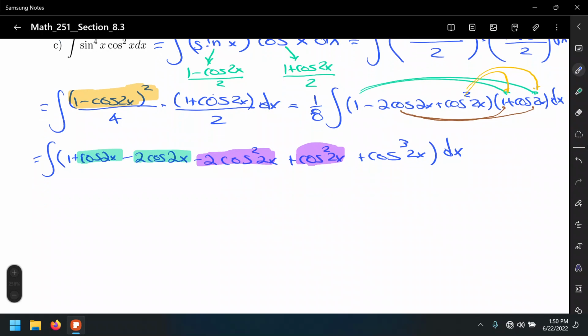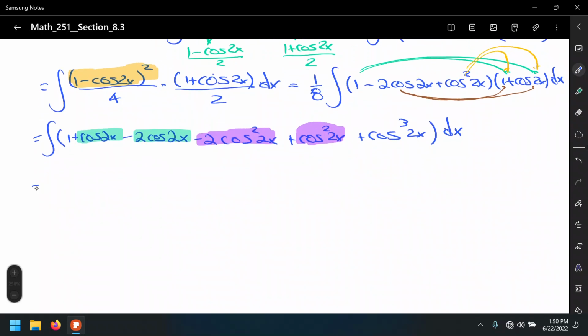So the integral of 1, then cosine 2x minus 2 cosine 2x, isn't that a negative cosine 2x? And then negative 2 cosine squared 2x plus cosine squared 2x, isn't that also negative cosine squared 2x? And cosine cubed 2x. No like terms over here.